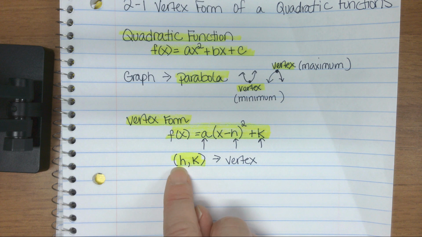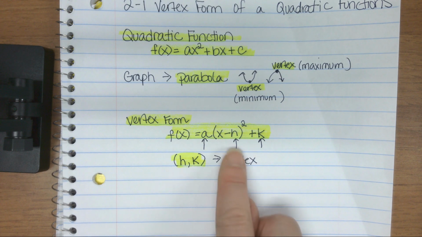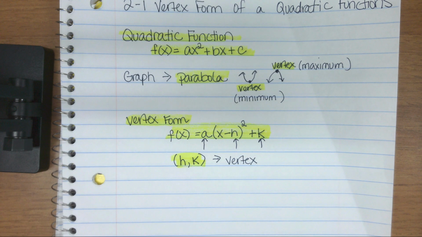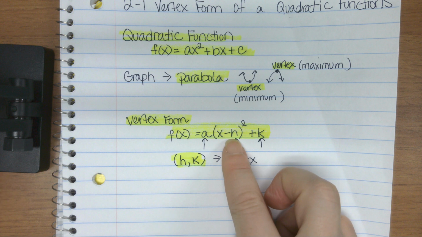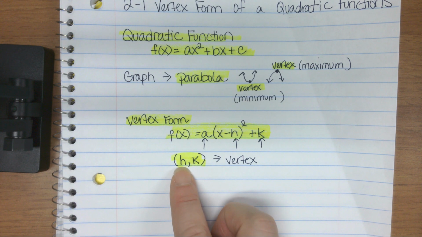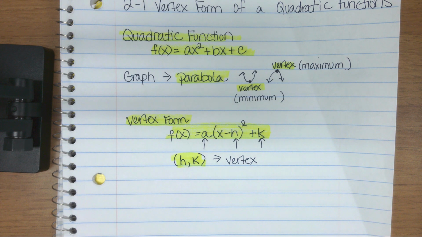A subtraction. We've talked about how x is a liar, and that goes along with that same vein. If this was x minus something, it would move it to the right. Therefore, the vertex would be positive, whatever that value is. All right, cool.